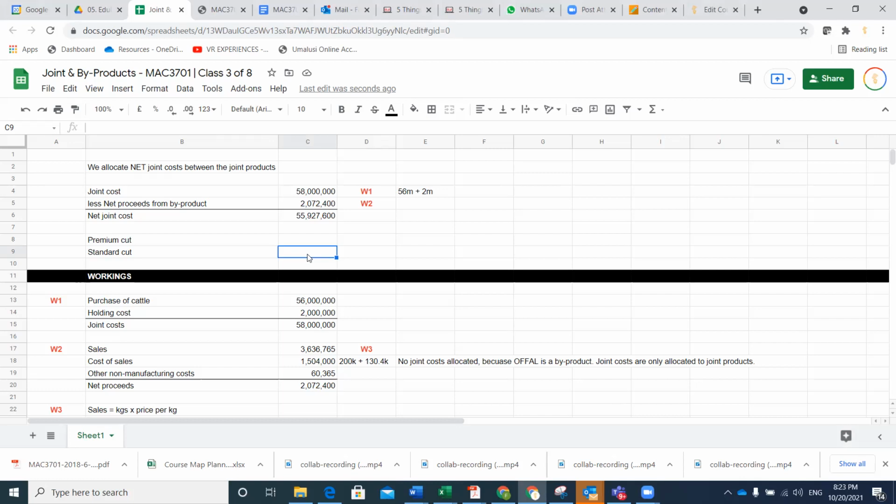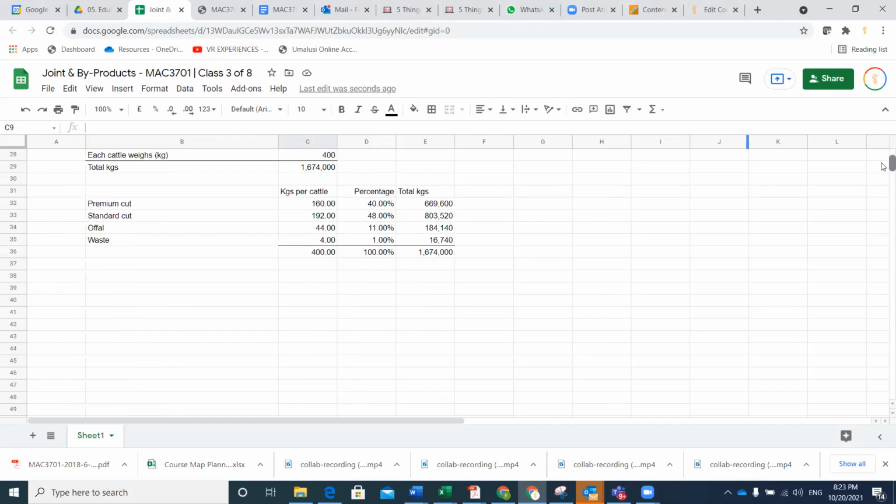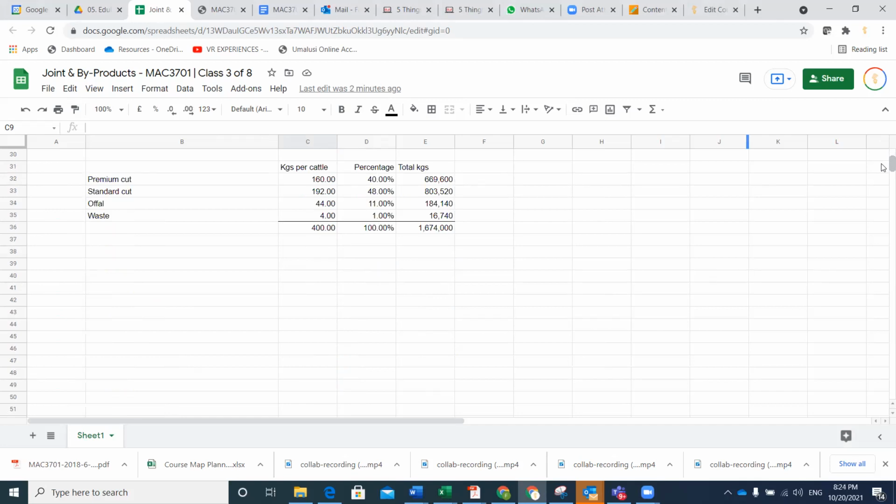Once we know it, then we can do the allocation. Now, how you get there is all dependent upon the scenario. So let's have a look.